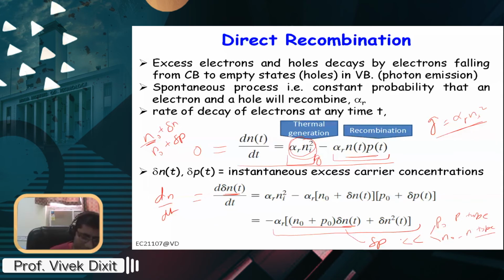So in low level injection you can ignore this delta n square. You can simply write alpha r times n naught plus p naught times delta n, or you can further simplify. If it is p type, you can just keep p naught because n naught will be very small anyway, and if it is n type, you can keep n naught, as p naught will be very small anyway.